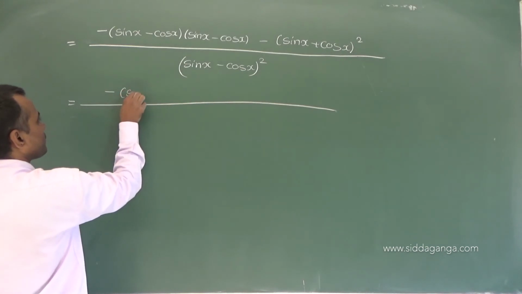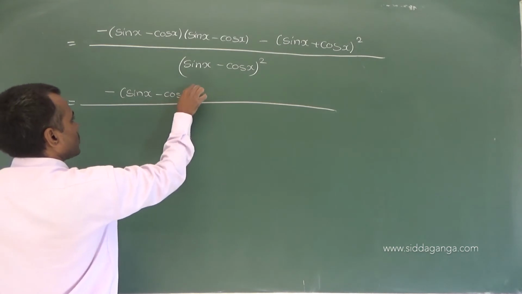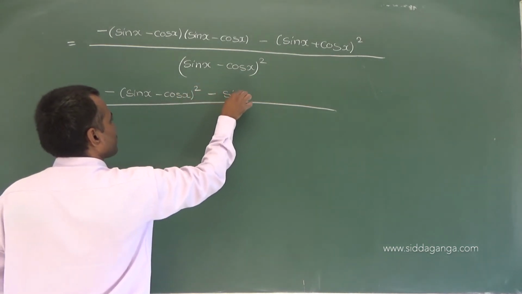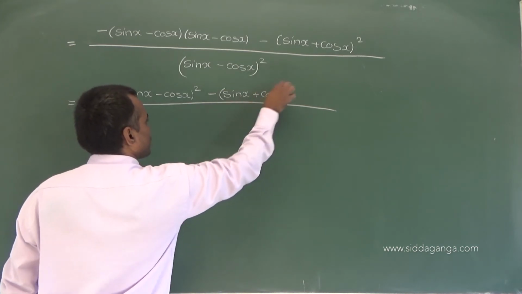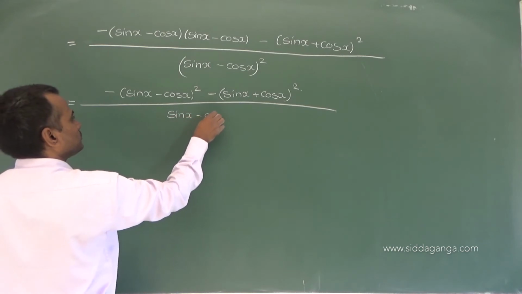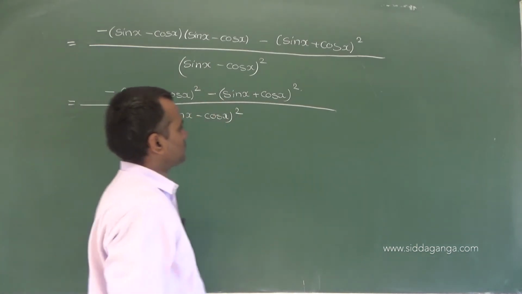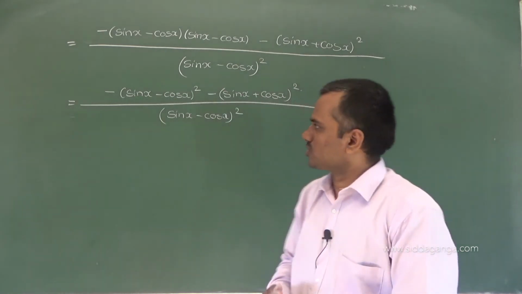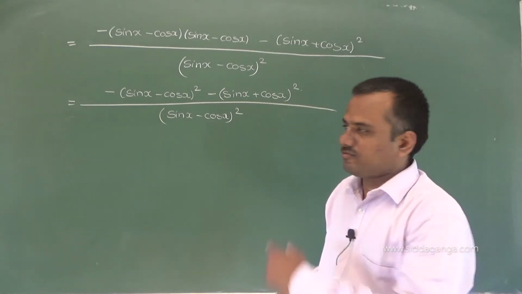Minus whole square, minus whole square. Denominator: whole square. Sin x minus cos x whole square. In the numerator, we take minus common.